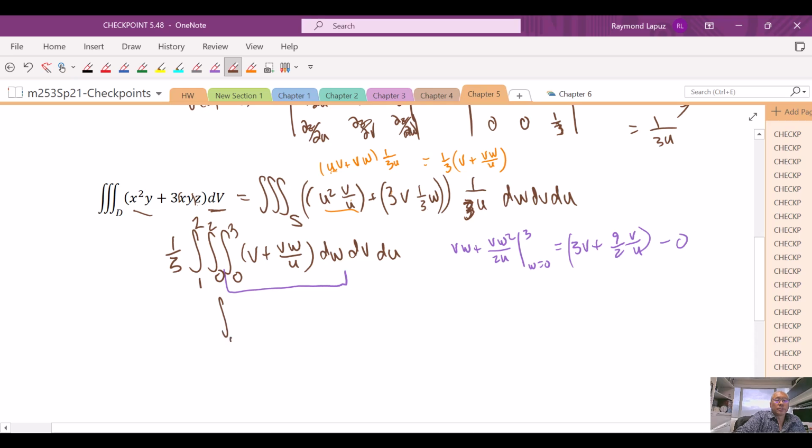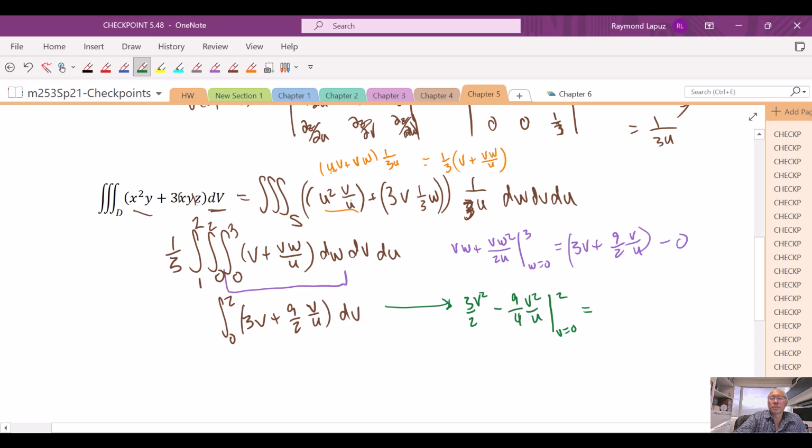And then now we bring it down to integrate from 0 to 2 of this new integrand, 3v plus 9 halves v over u. This time we're integrating with respect to v. With respect to v, this is going to be 3 halves v squared minus 9/4 v squared over u, and we're evaluating v going from 0 to 2.